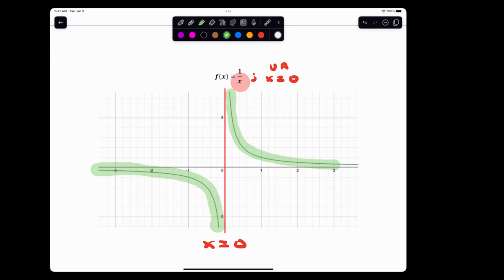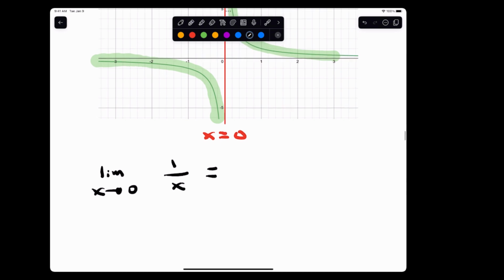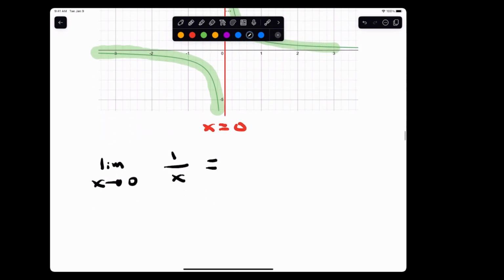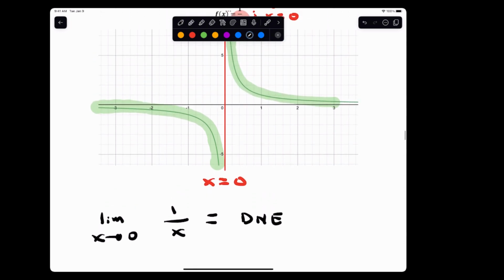So what happens, generally speaking, in a Calculus 1 course is when they give you a rational function like this, they love to give you limit questions at those locations. Now, you already know what this answer is. That does not exist because we looked at the numerical approach to these.